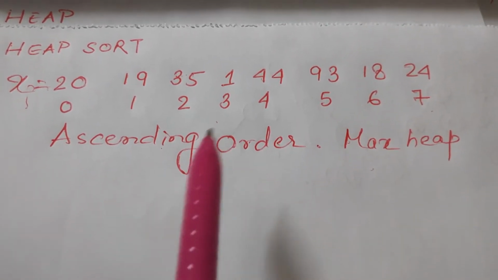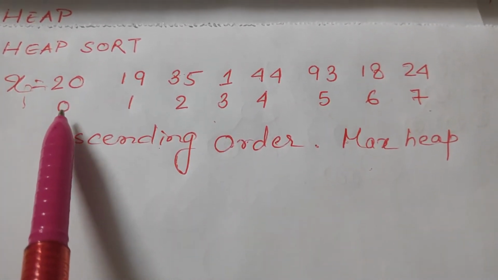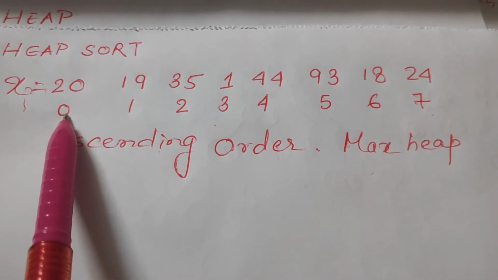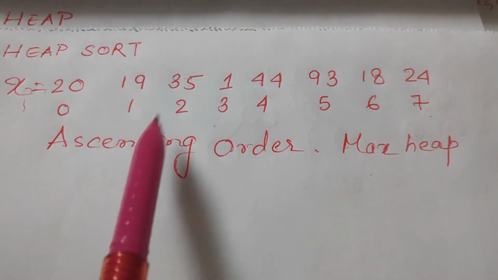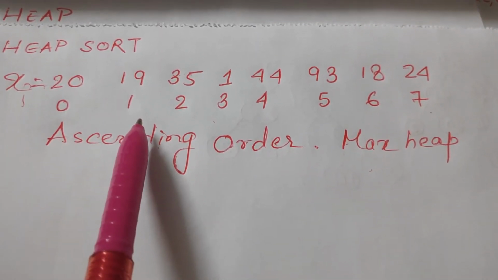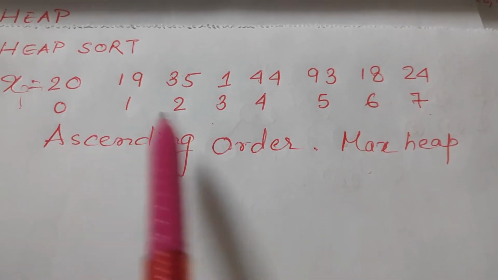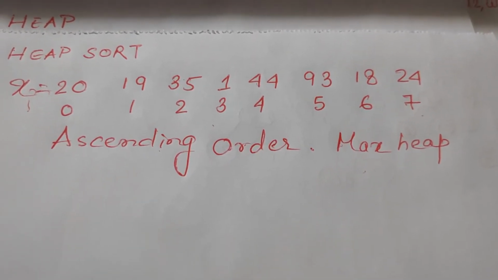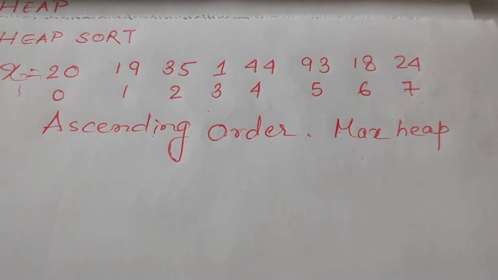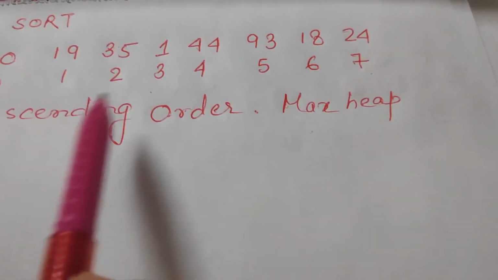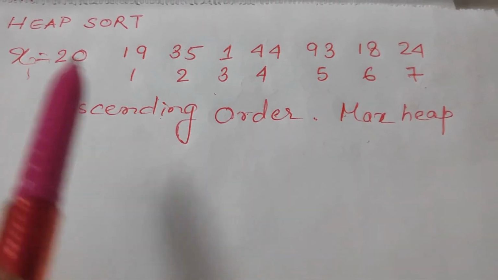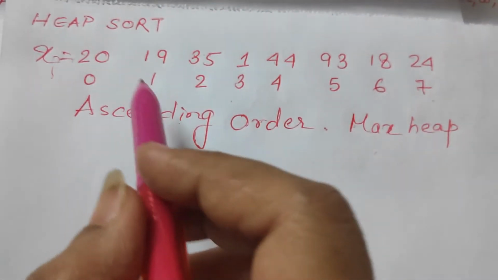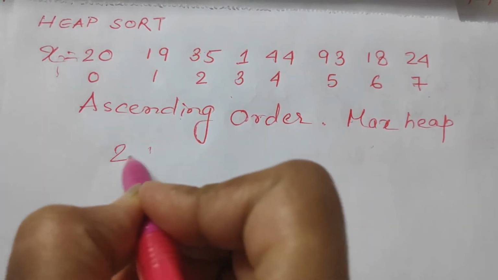Linearization of the tree tells you that if a parent node is at the 0th position, then the left child of that node is at 2 into 0 plus 1th index, and the right child is at 2 into 0 plus 2th index. I will simplify this for you. This is the array, and if we are to create a tree out of this array, then the tree would look like this.